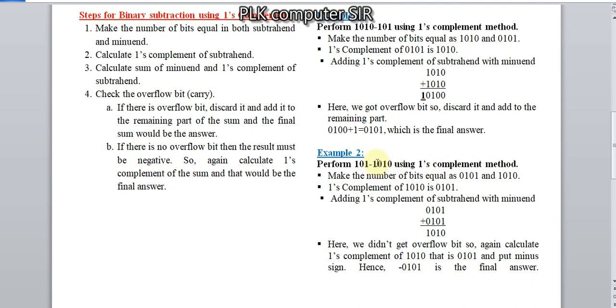Here there is a negative sign in front of 1010, so it is the subtrahend. So the 1s complement of 1010, the subtrahend, we just reverse 1 into 0, 0 into 1, 1 into 0, 0 into 1. Now adding the 1s complement of the subtrahend with the minuend. Okay, so my dear students, now we have here 0101 and the minuend is also 0101.